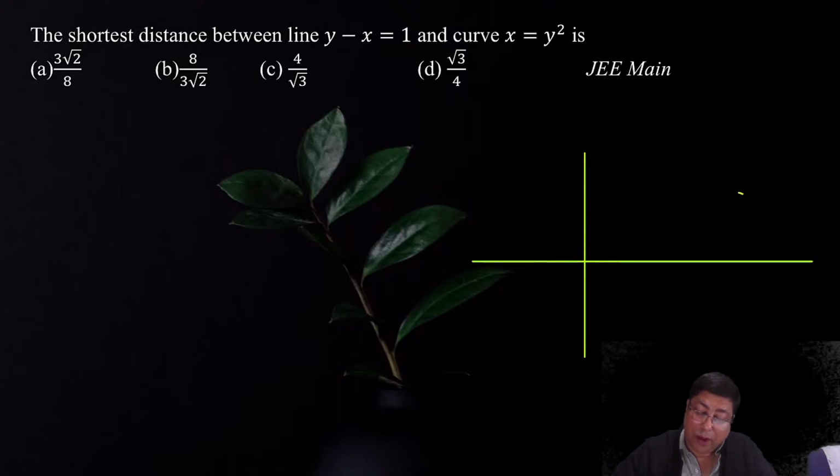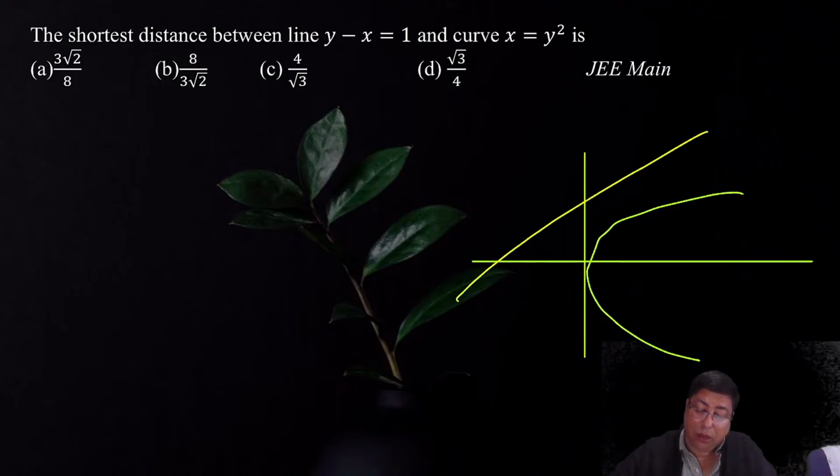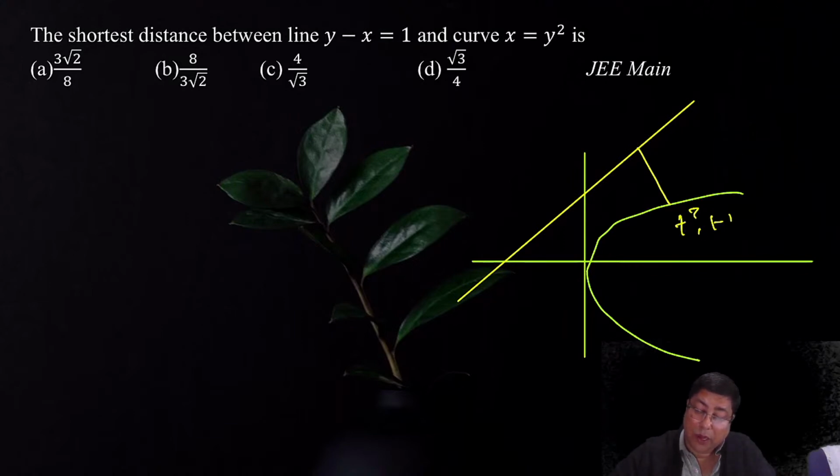Let us draw one rough diagram. Suppose this point is (t square, t). So minus 2t equal to minus 1, because it's a common normal. So t equal to half.